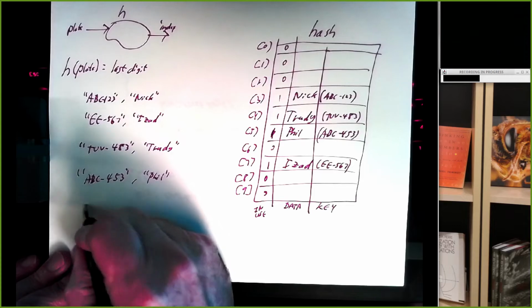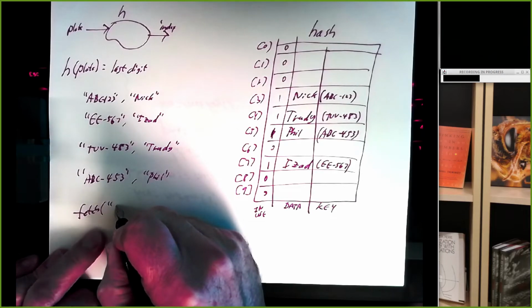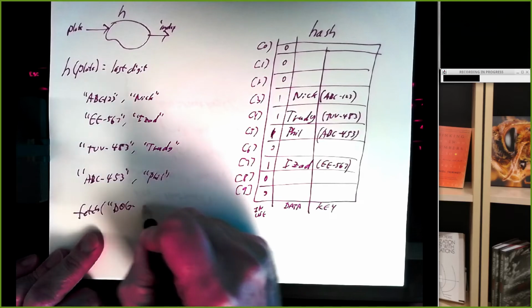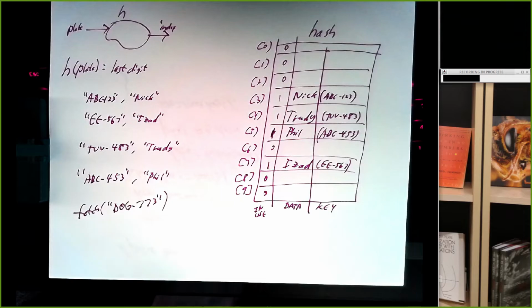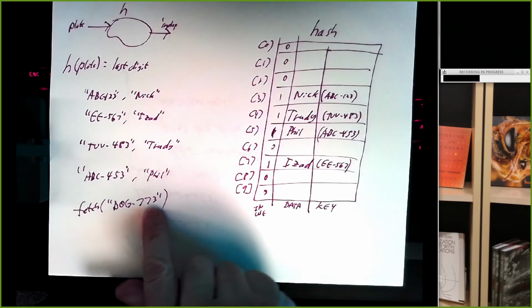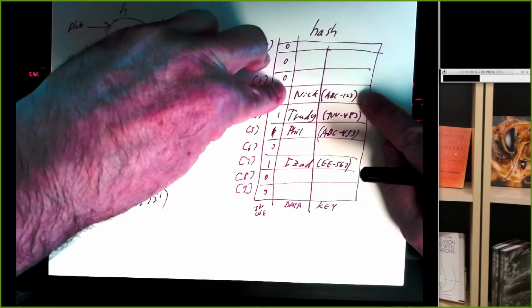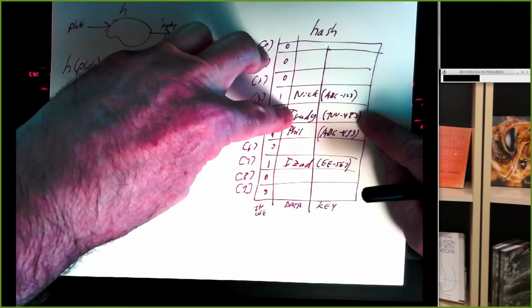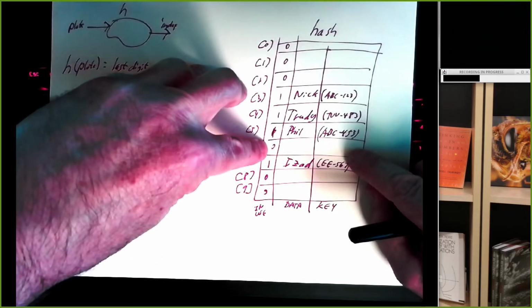Now, if I try to fetch dog 773, I go through the same process. I take the 3, I go to index 3. There's some data, but it's not dog 773. Maybe there was a collision. I check the next one. Nope. I check the next one. Nope. I check the next one. It's not in use.